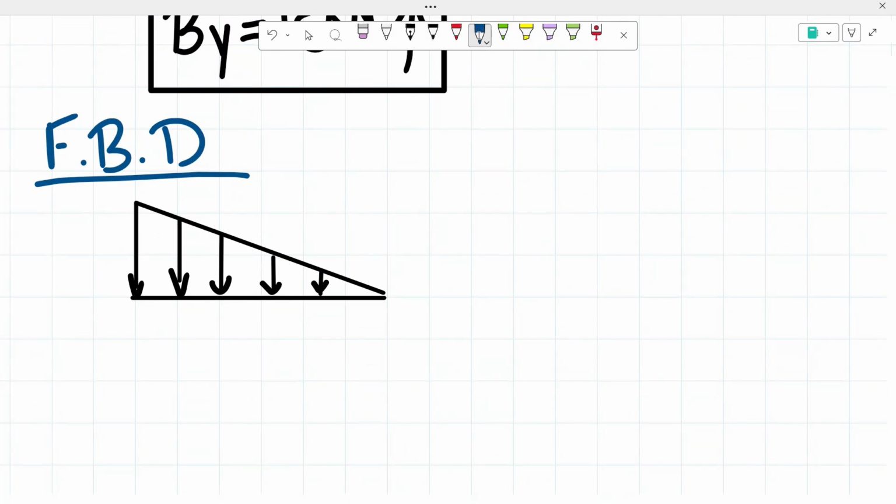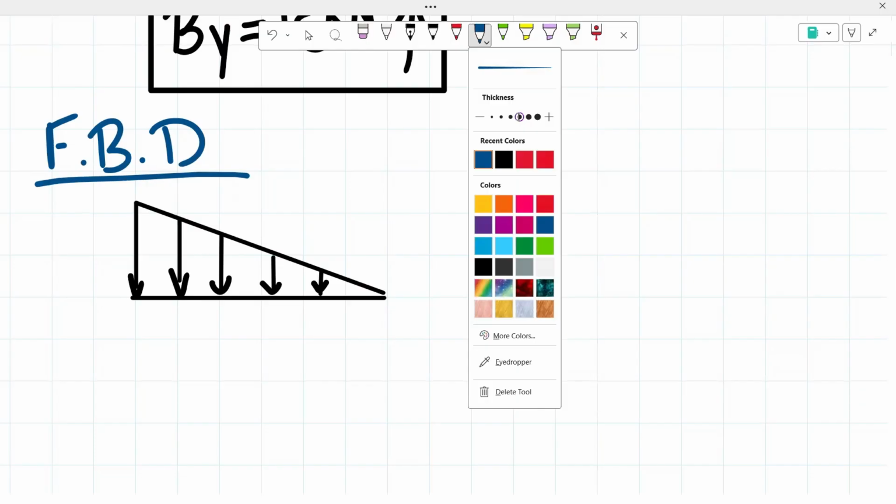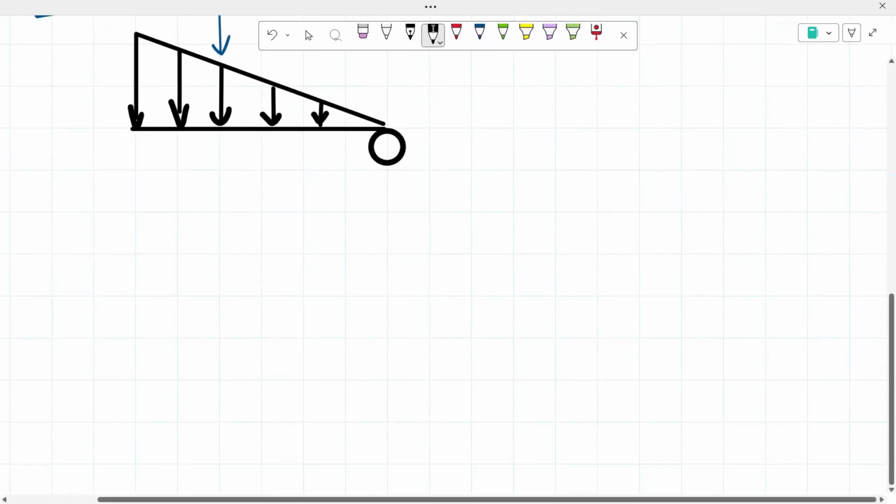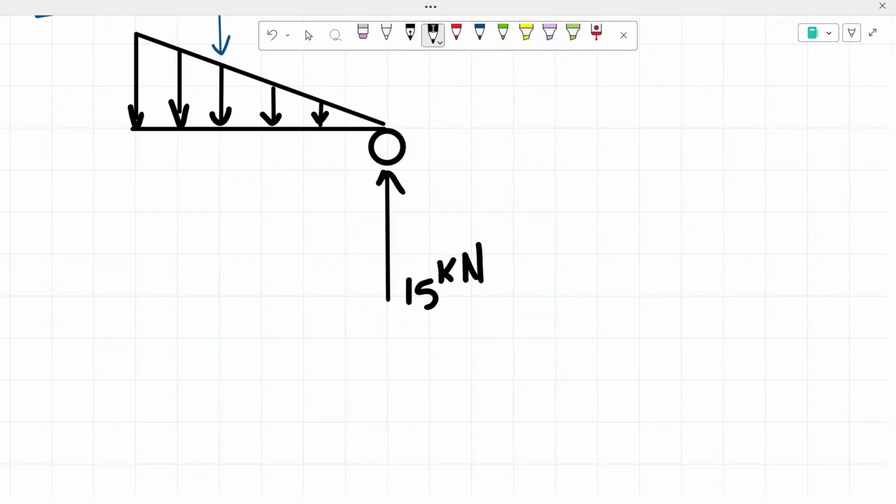So we're going to add that as well. We know 1/3 inwards from the highest point or 2/3 inwards from our lowest point. That's going to be our 15 kilonewtons. Then from there, we have our roller support with our reaction going upwards with a value of also 15 kilonewtons. And then from there, we're just going to add some dimensions.